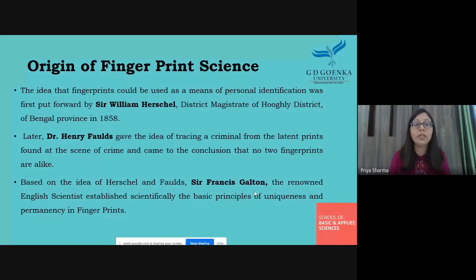So Dr. Faulds traced those prints and came to the conclusion that no two persons have alike fingerprints. Then with that idea, Sir Francis Galton, who is considered the father of fingerprints, gave two basic principles of fingerprints: the principle of uniqueness and the principle of permanency, that fingerprints remain permanent throughout our lifetime.